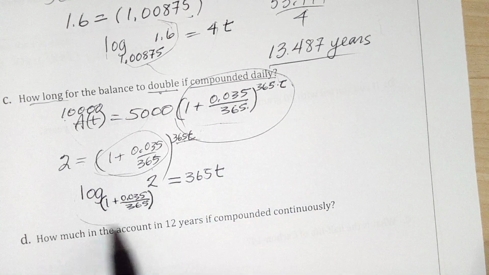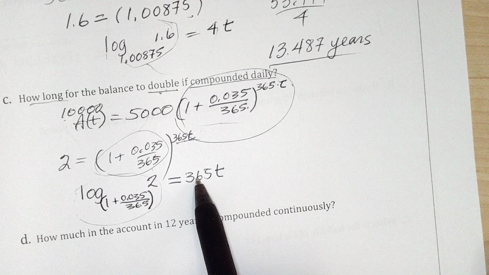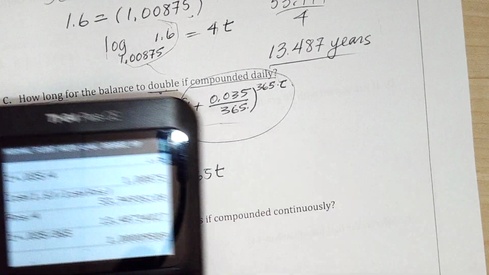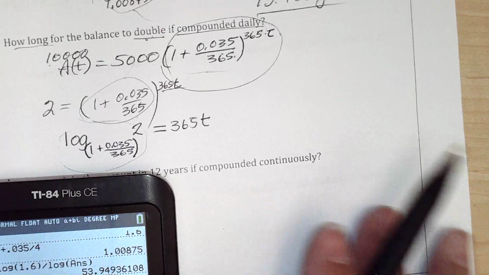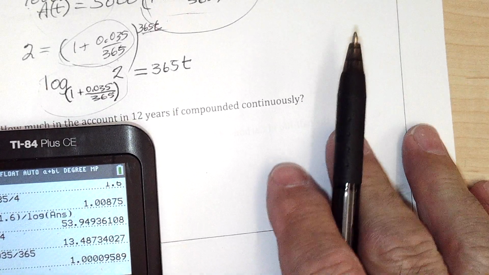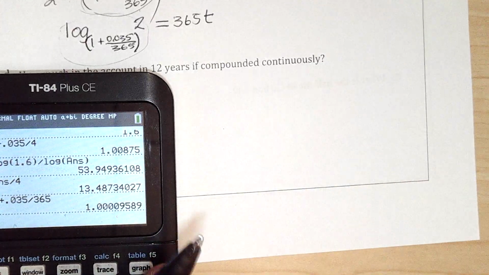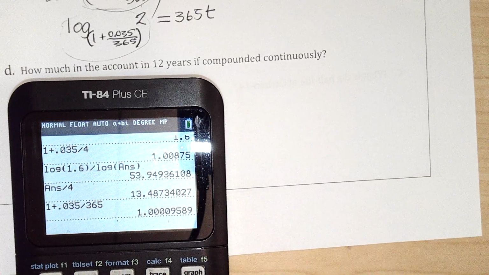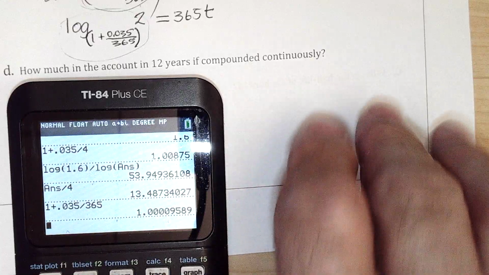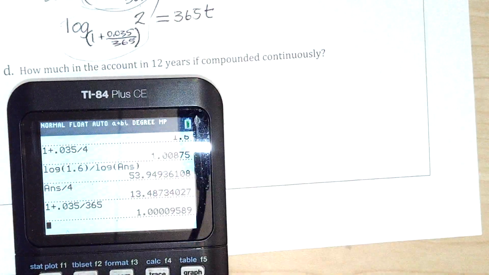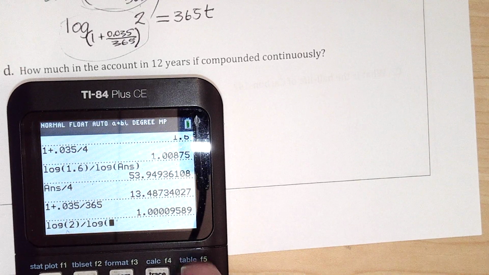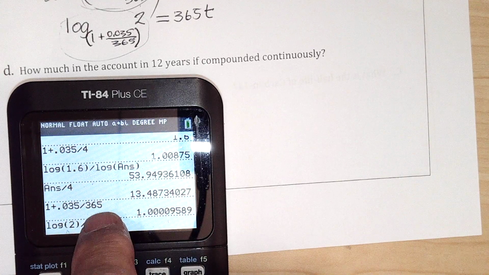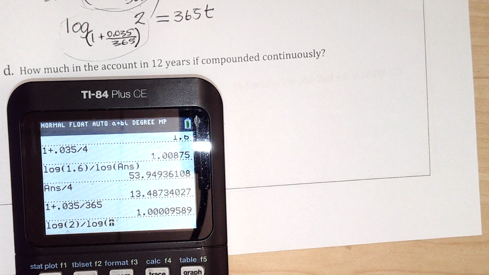So I got to figure this number out and then divide it by 365. So let's figure that out. Without going to the change of base, I can just go log of 2 divided by log of that base I worked out right there, so that's my answer.